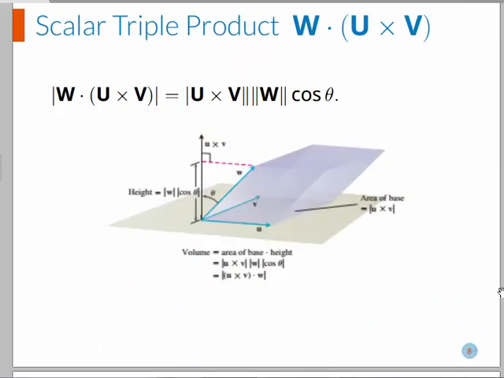Now we'll apply what we know to find a good way to calculate the scalar triple product. So this is the scalar triple product. One vector dotted with the cross product of two other vectors. There is a vector triple product, in case you're wondering, and in that case, this dot is replaced by another cross product.